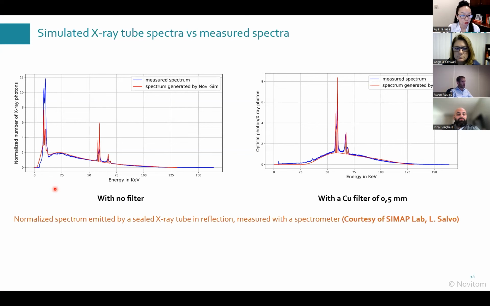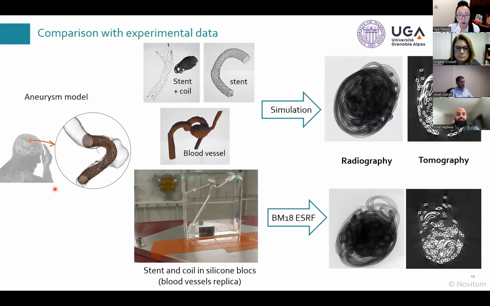Another point that we look at frequently is just by eye, that what we simulate looks like the thing that we acquire on the synchrotron. Here it's an example of studies that we did on the coil of platinum that you saw previously.